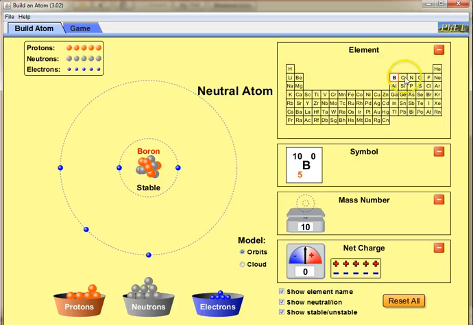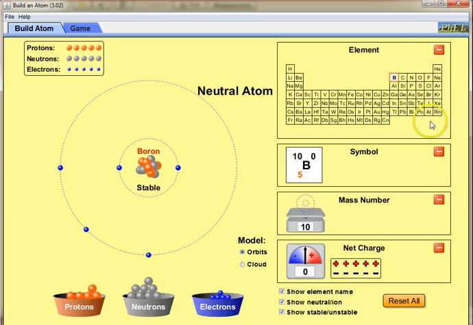In a period, if you go from left to right, the smallest ones are always going to be the ones on the right-hand side, which are fluorine, chlorine, bromine, iodine, and I forgot the name of that one. Astatine, yes, astatine. I thought the symbol was AS, but it's actually At.